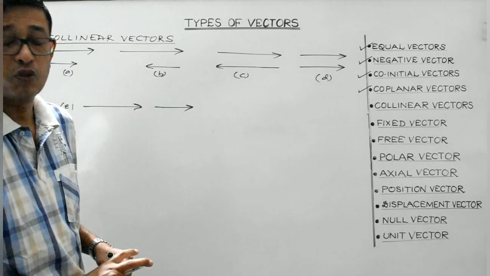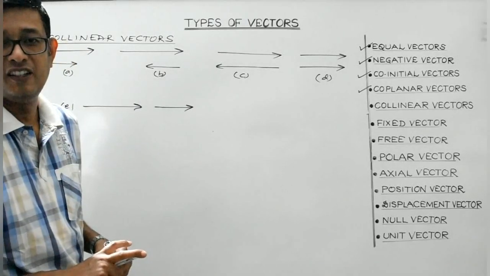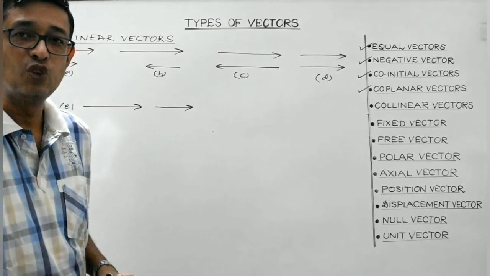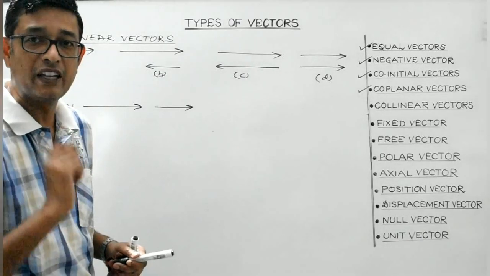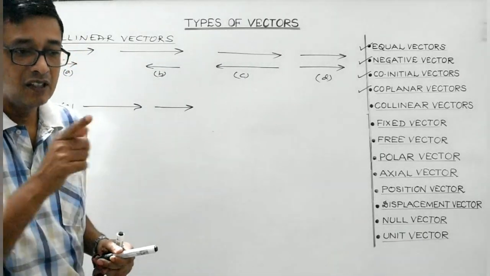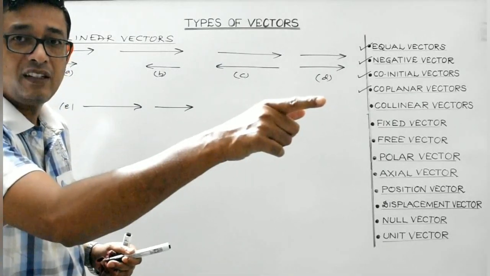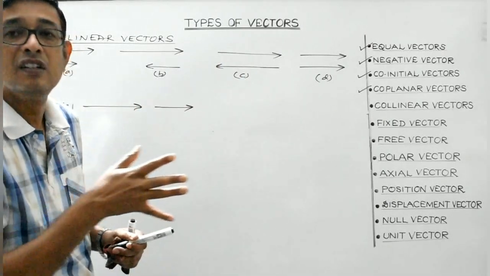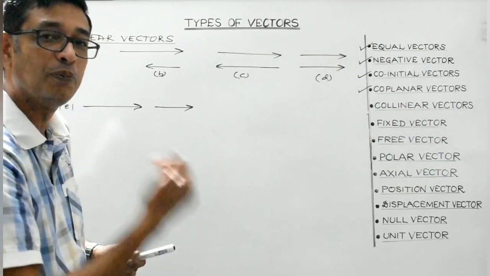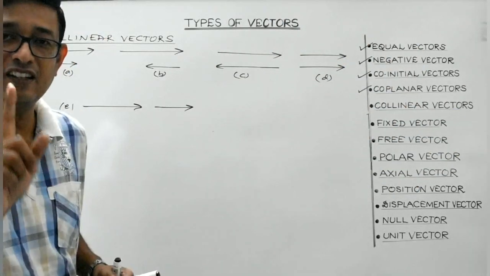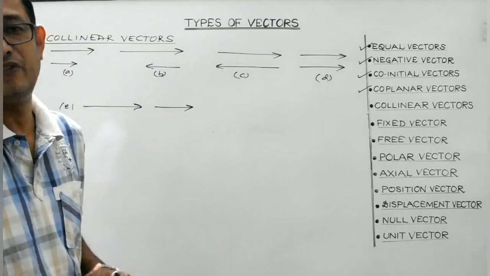So, what about the definition of collinear vectors then? Collinear vectors are those vectors which may or may not be of equal magnitude, which may act along a straight line or along parallel lines, in the same direction or in the opposite direction. Such vectors are known as collinear vectors.